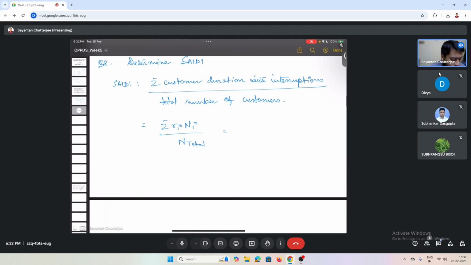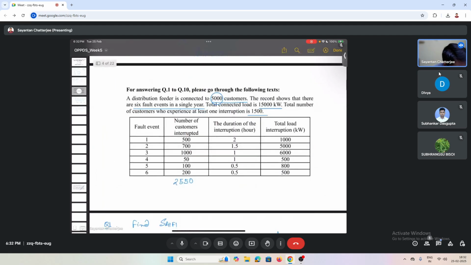Okay. So what will be the answer here? Here the duration is being given. So what we need to do is just multiply the customers with the duration, and based on that the numerator will be given. So please do start doing; I'll also do the same.